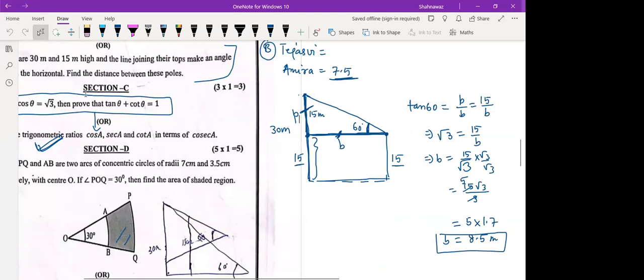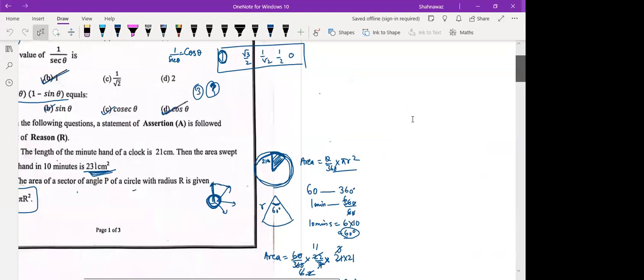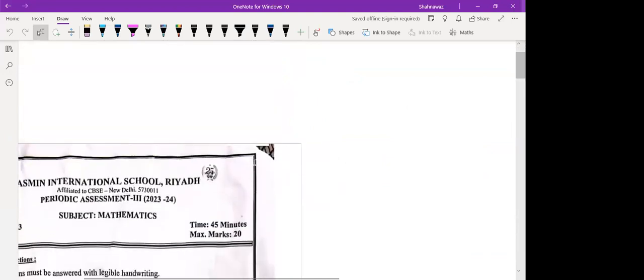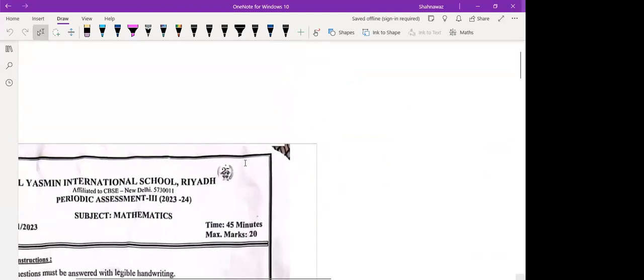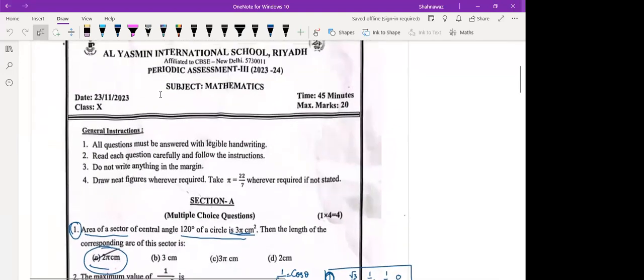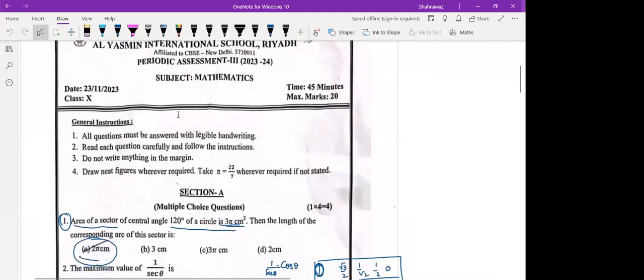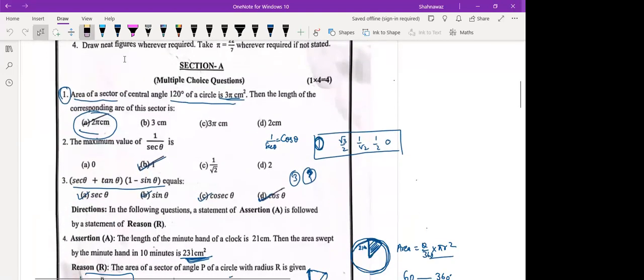I have this sample with me and, oh, again there are markings.